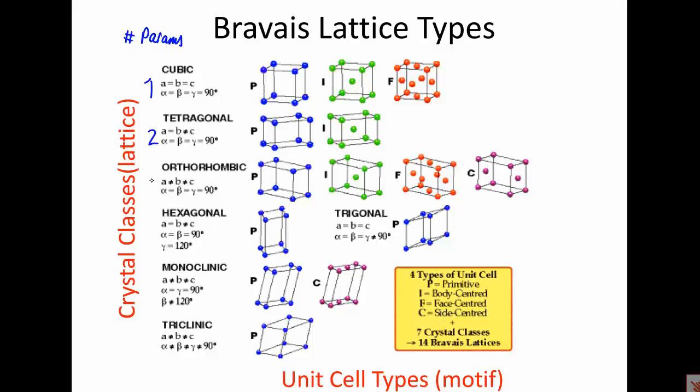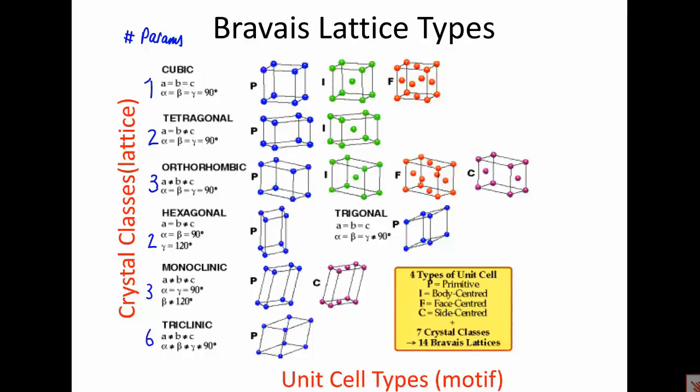In an orthorhombic crystal structure, there are 3 parameters. In a hexagonal, there are 2. In a monoclinic, a is not equal to b, which is not equal to c, but the angles are fixed, so there are 3 parameters that need to be known. In the triclinic, a, b and c are all different and the angles are different.